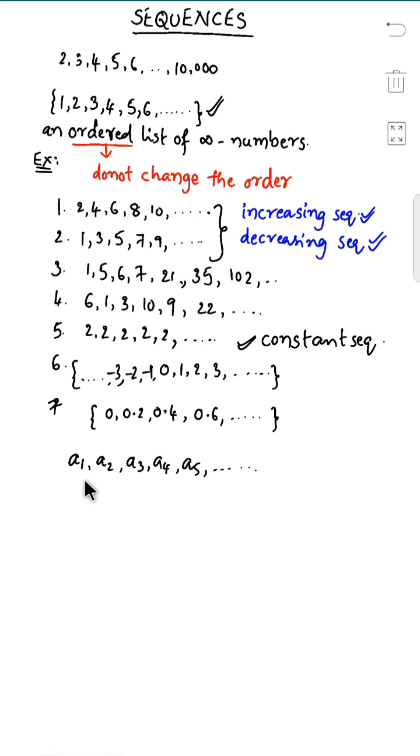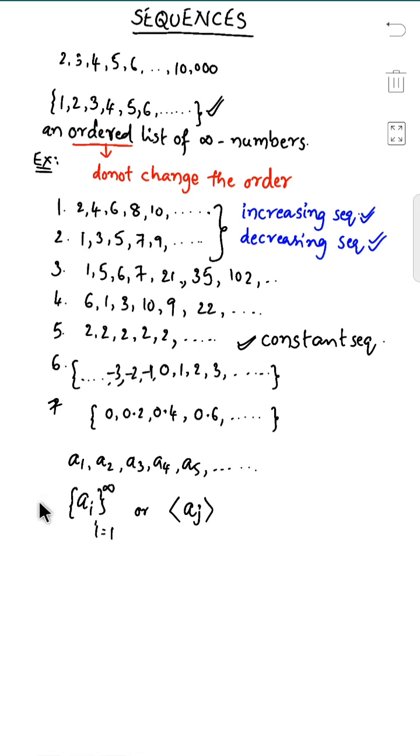So we represent this sequence as ai, where i is an arbitrary term and i goes from 1 to infinity. Or you can define a sequence as aj. If it is called a sequence, it is implied that j goes from 1 to infinity.